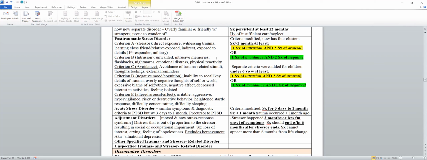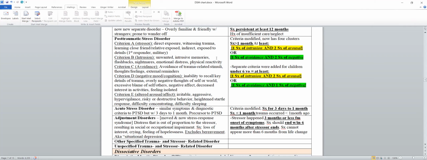Unwanted intrusive memories, flashbacks, nightmares, emotional distress, physical reactivity. Criterion C is the avoidance of trauma-related stimuli, thoughts, feelings, external reminders.